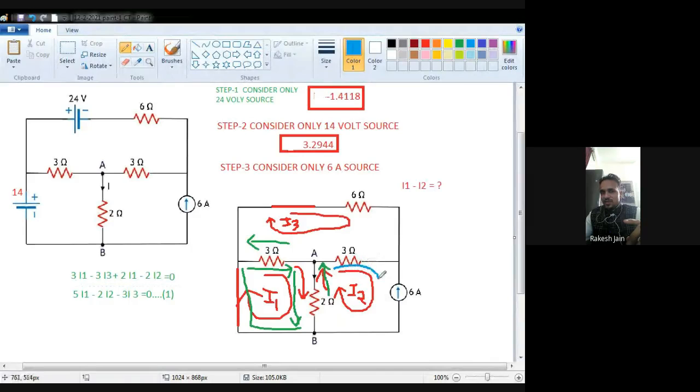Kindly wait, I just move them to the upper side because of lack of space.